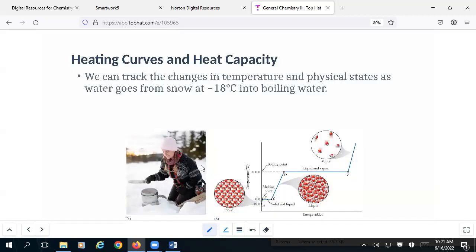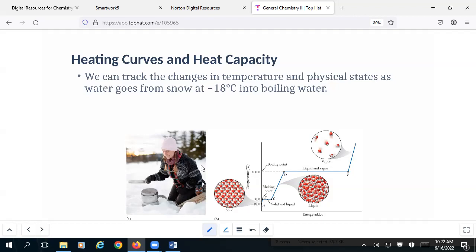Well, what we're looking at now is processes and how the heat energy fits into that mold. So let's take a look, just for example, at what we would have to do to turn ice into boiling water.